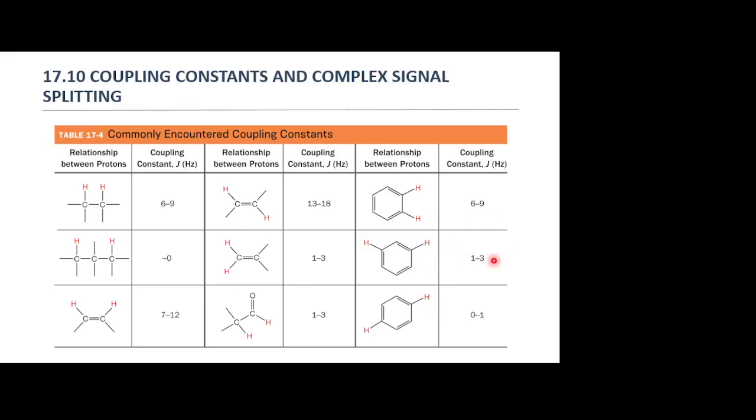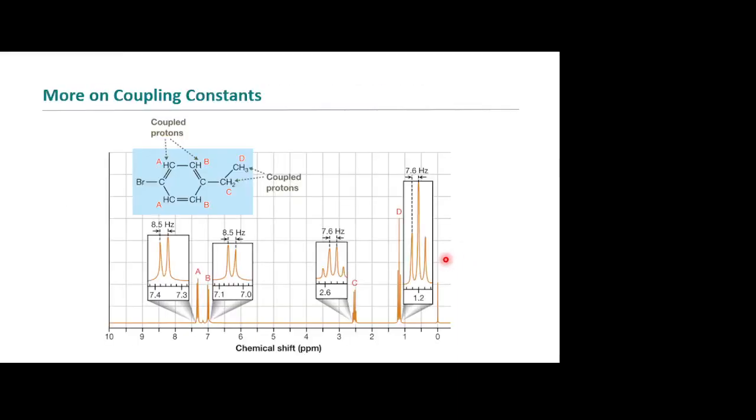And so that's the relationship here. These are because that benzene ring, remember, has the amplification effect. Okay. And so right here we have some more coupling constants we're looking at.